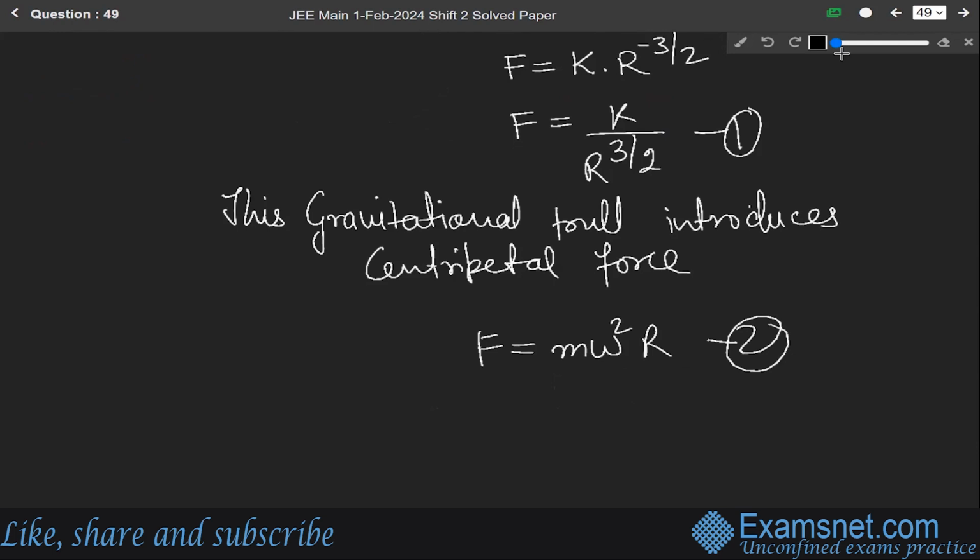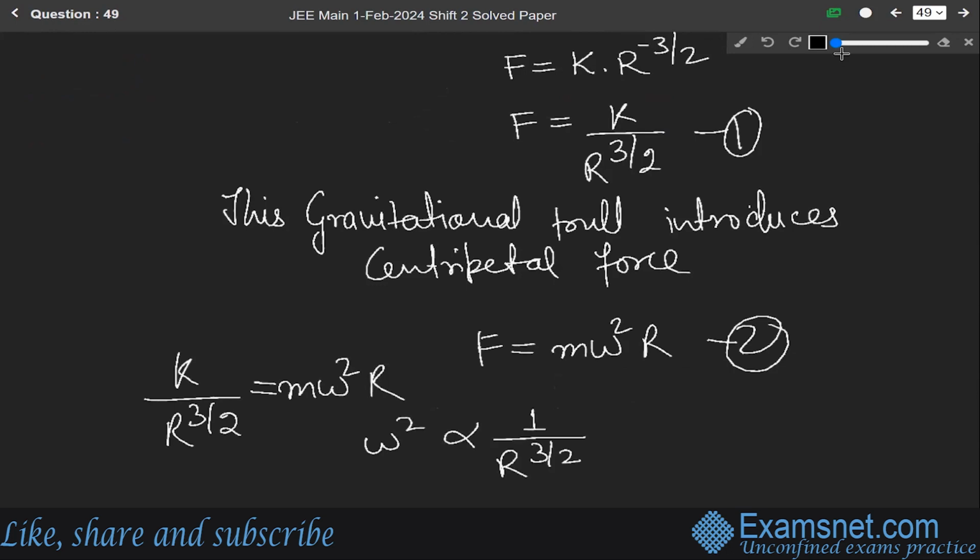So from equation first and second, k over r to the power 3 by 2 will be equal to m omega square r. So omega square will be directly proportional to 1 over r to the power 3 by 2.